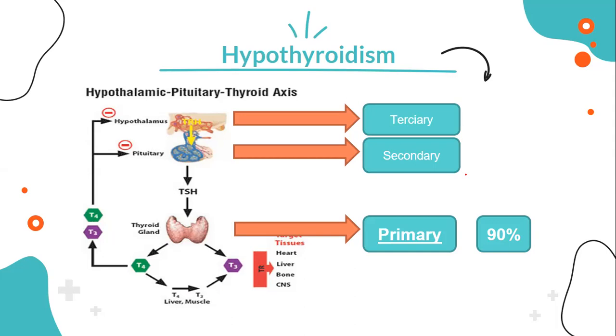So when the failure is in the thyroid gland, we have a primary hypothyroidism. If the failure is in the pituitary gland or the hypothalamus, it is a secondary or tertiary hypothyroidism, also called central hypothyroidism.